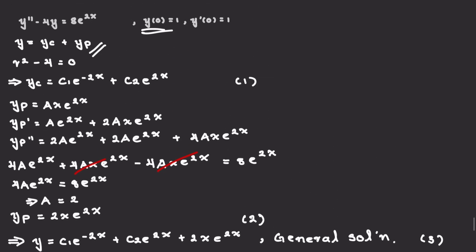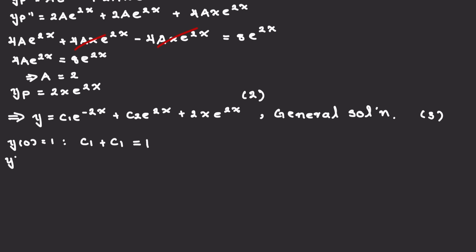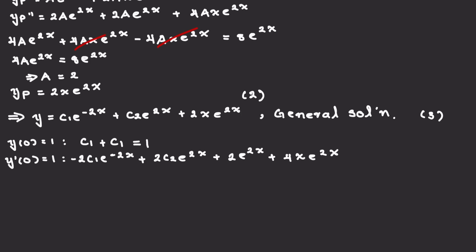And our second initial condition is y prime 0 equals 1. We're going to take the derivative of our third equation, our general solution, which is -2 c1 e^(-2x) + 2c2 e^(2x). And this is a product rule, which is 2e^(2x) + 4x e^(2x).